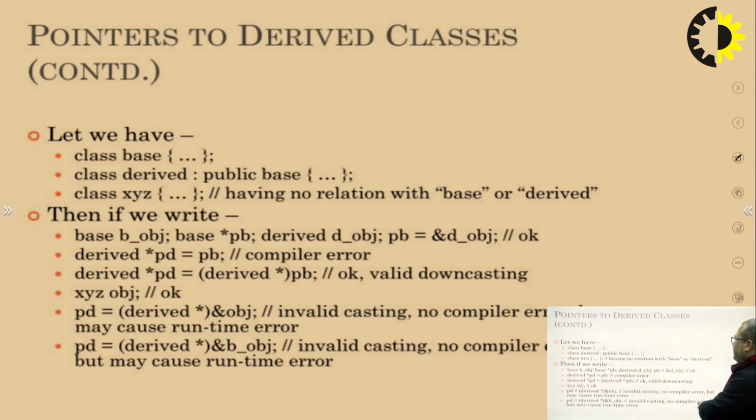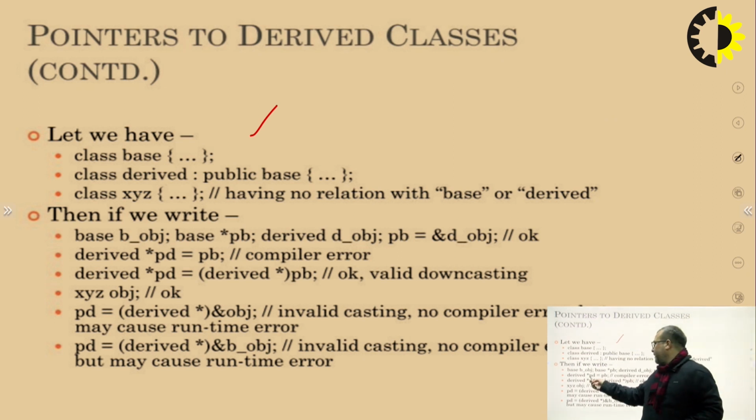Now, this is pointer to derived class. We have already discussed how you can make a pointer to any class, just like you make an integer pointer or float pointer or any primitive pointer. So you can make a pointer to the base class, and we can make a pointer to the derived class.